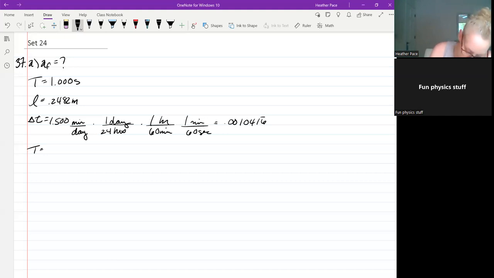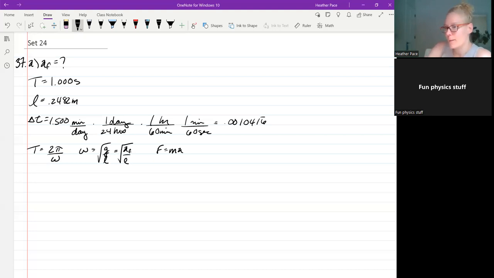So we know that T equals 2 pi over omega. And we know here that omega for a pendulum is the square root of g over L. For us, it would be a_F over L. What else do we know? We know this because we always know that, whether it's useful or not, we'll find out.